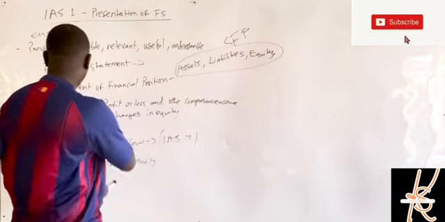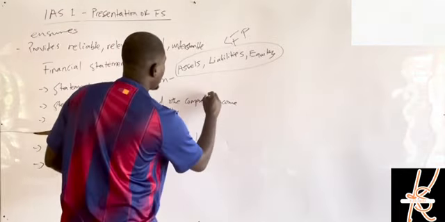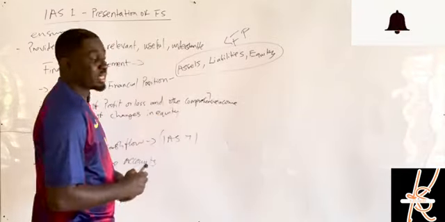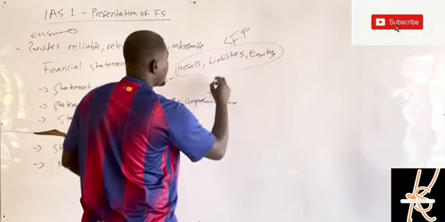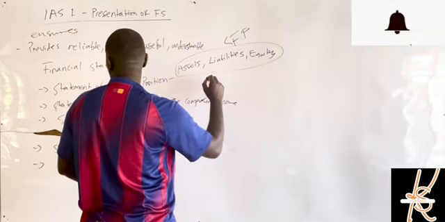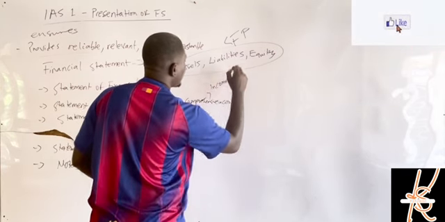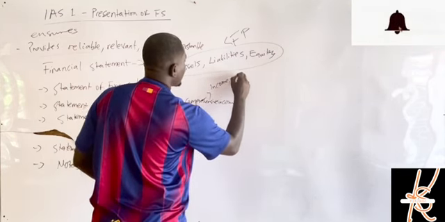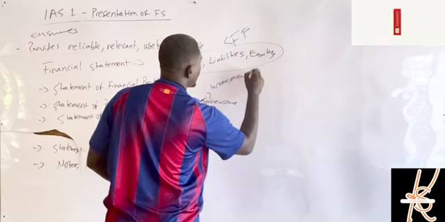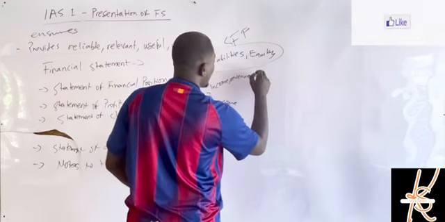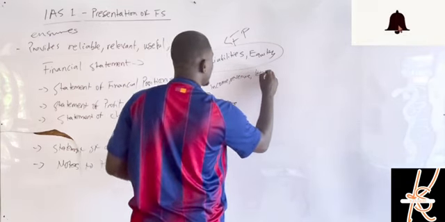And then when we come to the statement of profit and loss and other comprehensive income, this one we are going to see more of income items. So income or revenue. We have, and then losses.